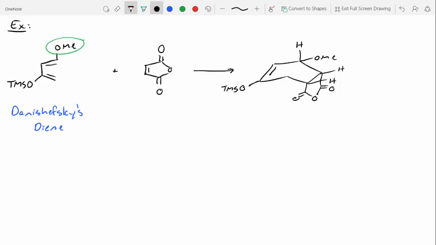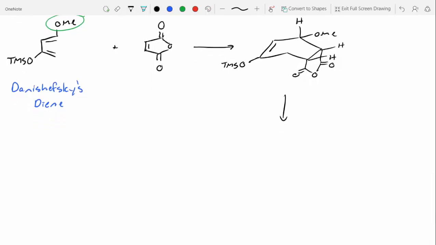Now the cool thing with this reaction is that this TMS group falls off really, really easily. So what I'm going to do is draw this using a two-dimensional structure. So we've got our OTMS. We've got our methoxy group that's sticking back.